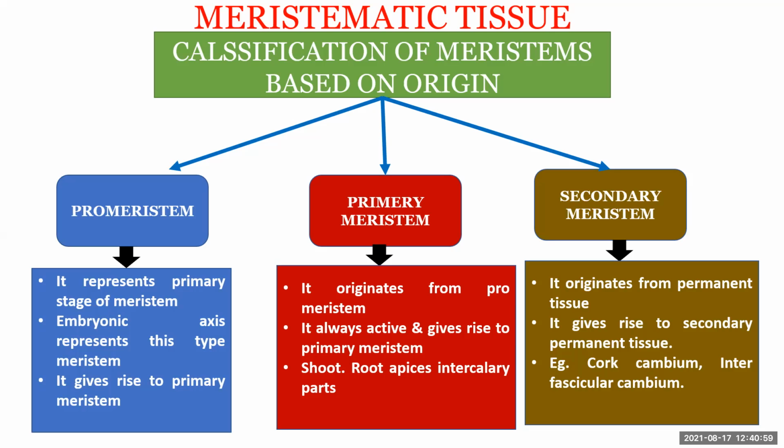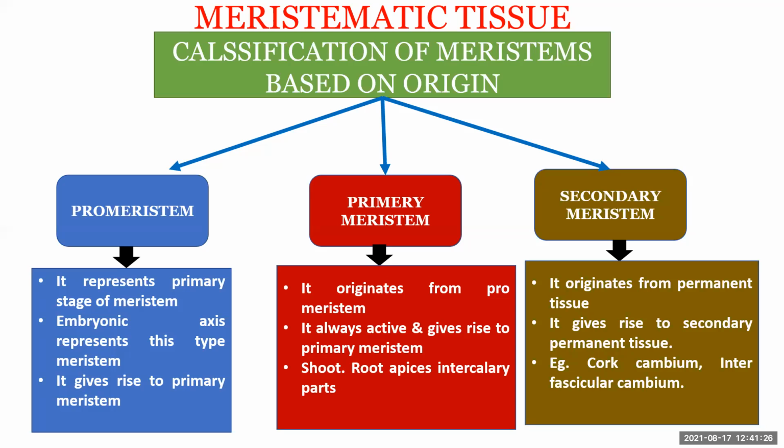So there is division of labor. Phloem performs conduction of food material. Xylem performs conduction of water and minerals. The cells present in the pith or medulla store the food material. So different permanent tissues have different functions.